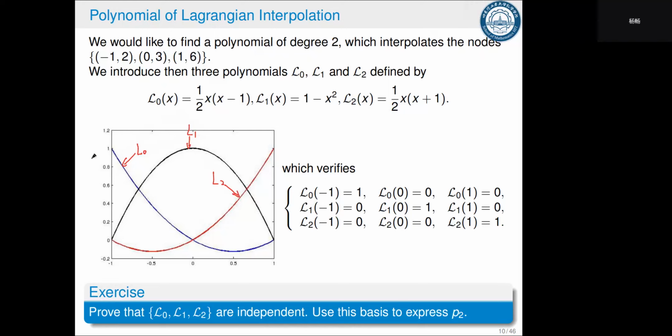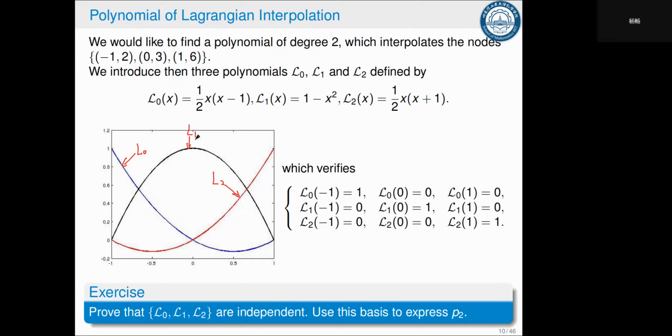For L0, you can find that L0(-1) is equal to 1, L0(0) is equal to 0, and L0(1) is also equal to 0.